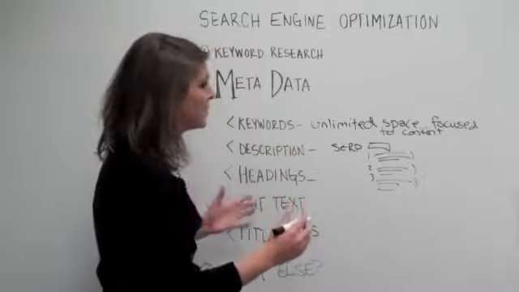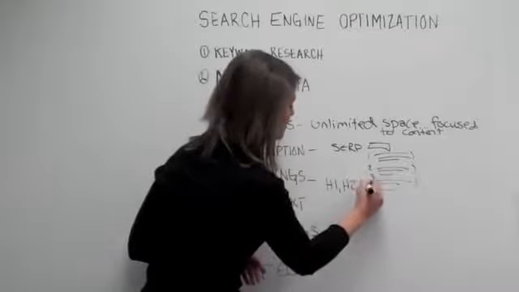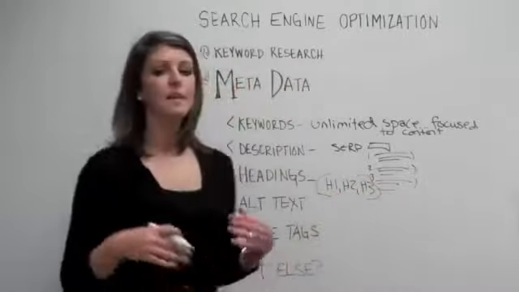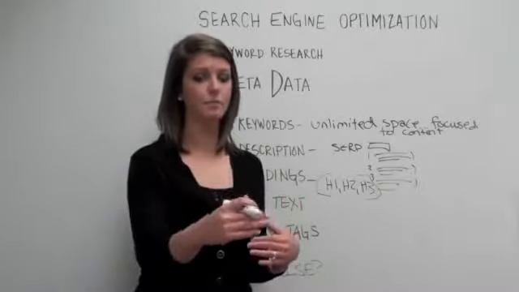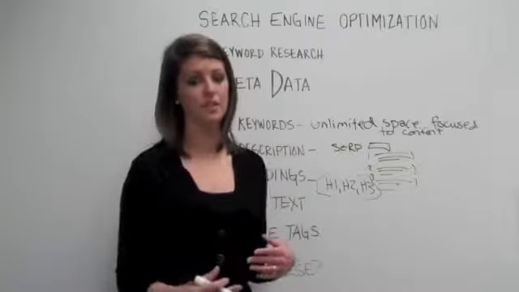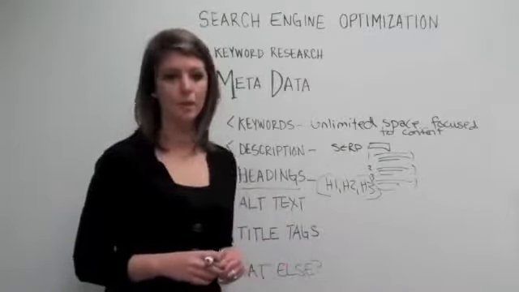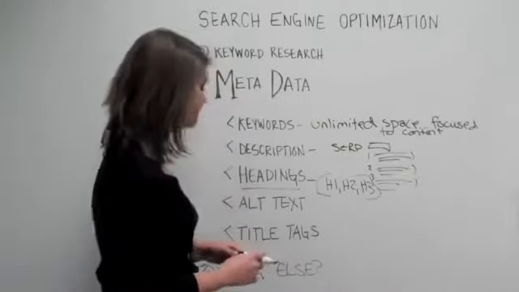So headings will be listed in your source code as H1, H2, H3, and these are all really important because they basically tell Google what the hierarchy of your content is. An H1 is more important than an H2, is more important than an H3. And a lot of times they're headings, they're bolded, so they show how your content is organized on your website.